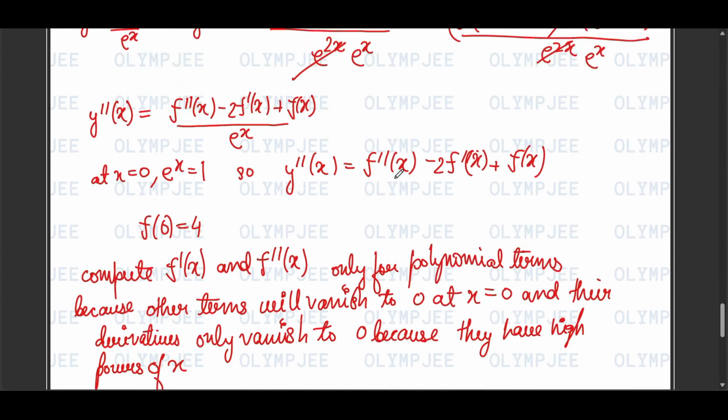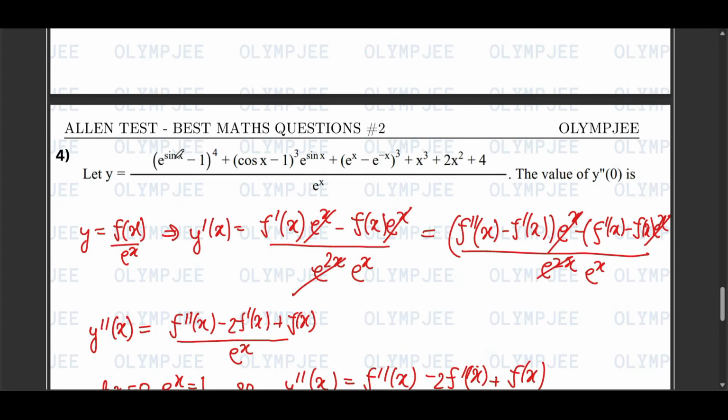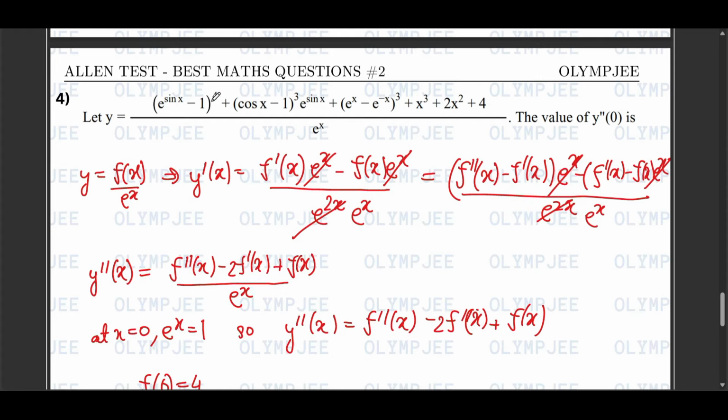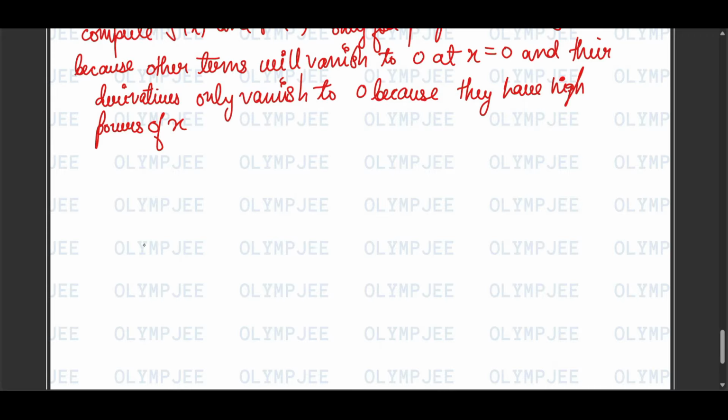Right, because if we take the derivative also, then we will be having this e^(sin x) minus 1 raised to power 3, and we already saw that this was equal to 0 at x equal to 0. Similarly for all these terms, their derivatives till the second derivative will also be equal to 0.